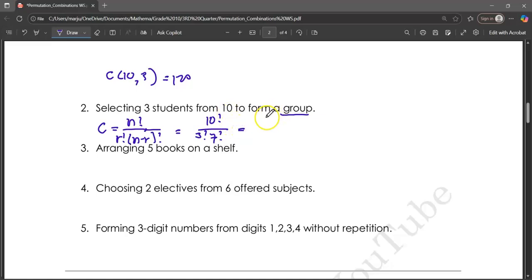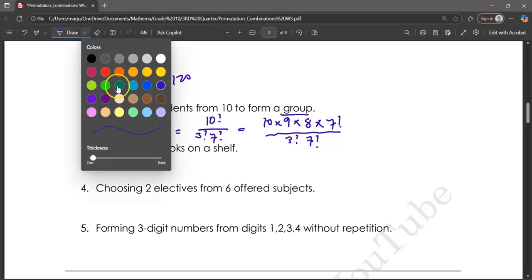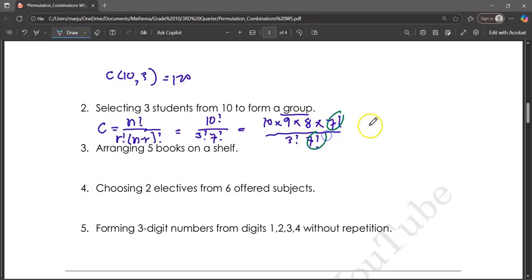And this is 10 times 9 times 8 times 7 factorial over 3 factorial times 7 factorial. We can cancel this one out, and we are left with 10 times 9 times 8 over 3 factorial, which is 3 times 2 times 1, or just 6, right?